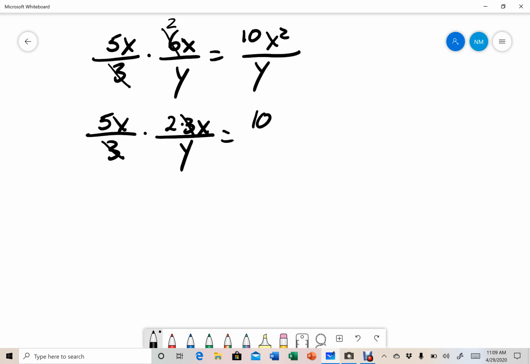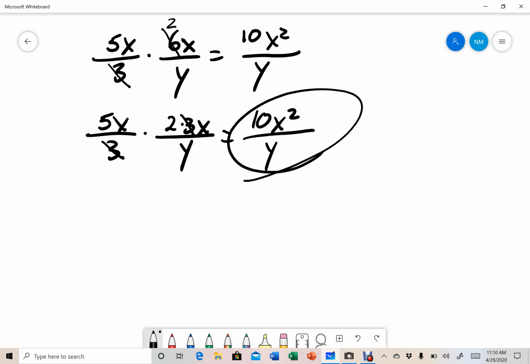It doesn't matter to me which way you do it, just as long as you're getting the correct answer every time. So if you can just look at this and say, oh, 3 goes into 6 2 times, cancel that out, put 2 up there, and then you multiply across. Or if it helps you to see what your factors are and cancel them out, you can do either way.